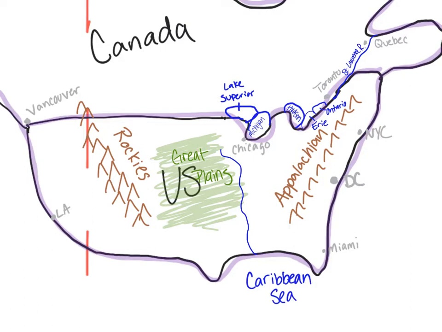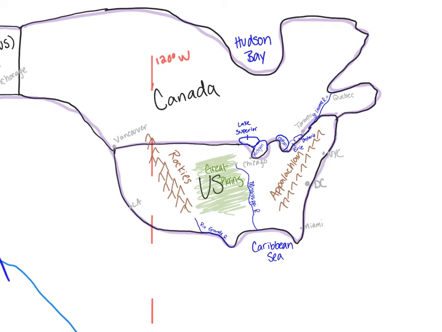This is the Mississippi, the Mississippi River. And then the Rio Grande, which is obviously Texas, and goes up into New Mexico. So this is the Rio Grande. Okay, so that's it over here for the US and Canada.